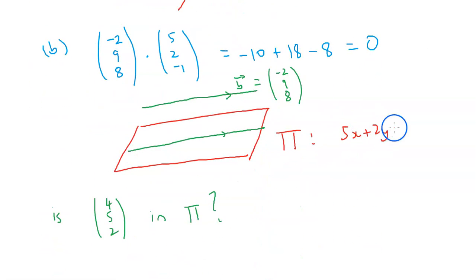So we know we're in this situation if this point (4, 5, 2) obeys this equation. And we have 5 times 4 is 20, plus 2 times 5 is 10, minus 2 gives us 28. So the answer is yes, (4, 5, 2) is in pi, so our line is completely contained within the plane pi.